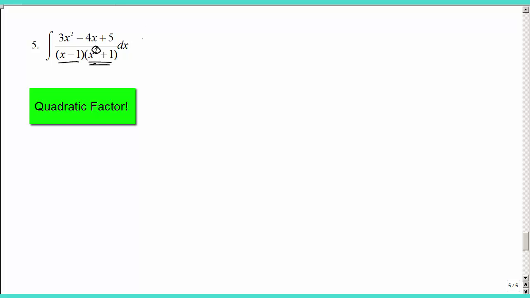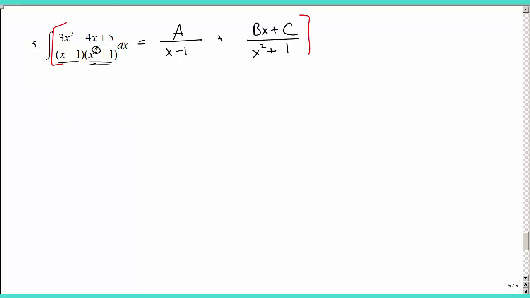So how do we set this fraction up? Well, I'm going to put A on top of my linear factor, but Bx plus C on top of my quadratic factor. So I'm kind of taking a shortcut, not writing another line, and just saying, okay, this fraction equals these two, multiplying everything by the original denominator.